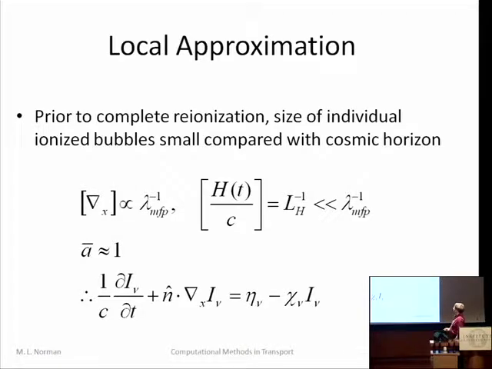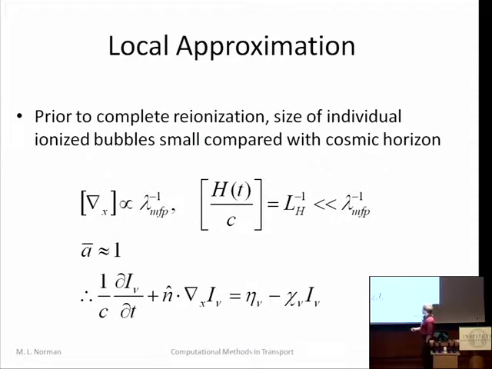And in that case, the gradients in the radiation field are of order 1 over the photon mean free path. This ratio, which is 1 over the Hubble horizon, is therefore much, much less than this. So sorry to use the 1 overs. L_H is much, much greater than lambda mean free path.